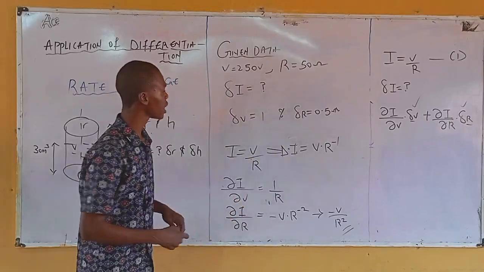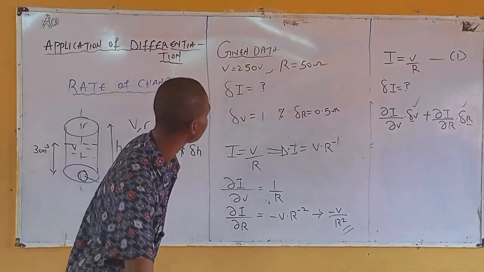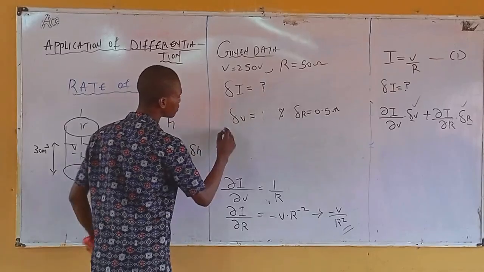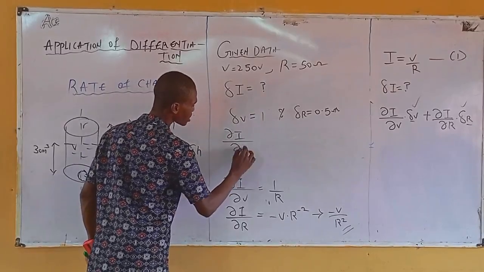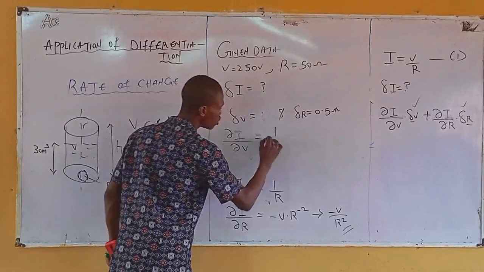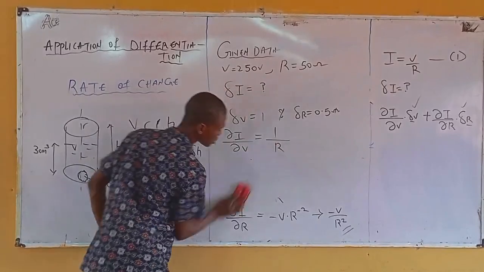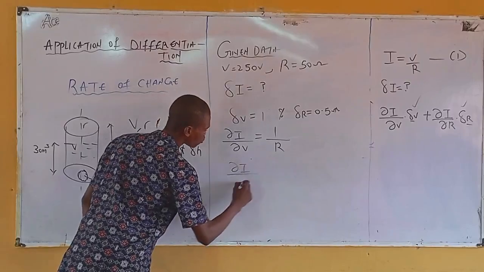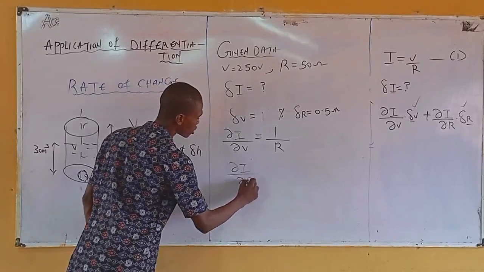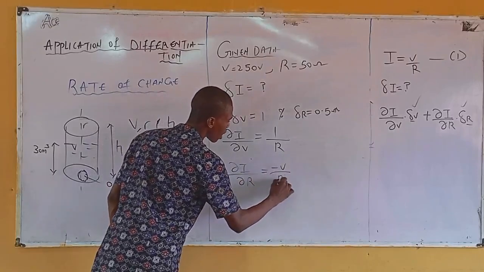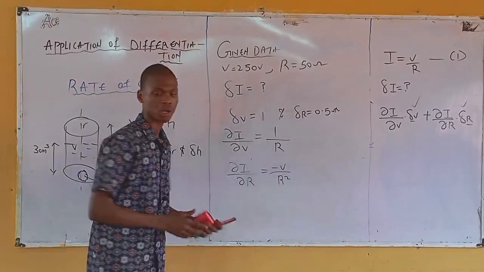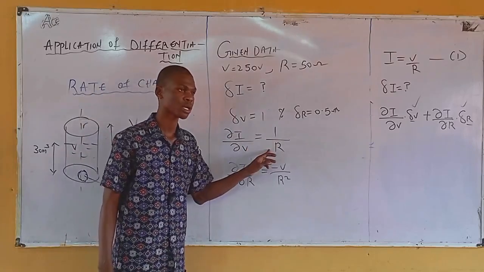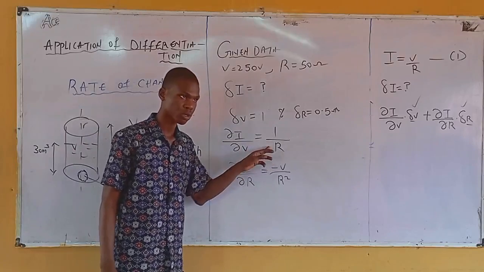Now, from here, what it means is that your partial derivative of I divided by partial derivative of v is equal to 1 over r, right? Then your partial derivative of I with respect to r is equal to negative v over r squared. Now, we know the answer to this in terms of r, in terms of variable.